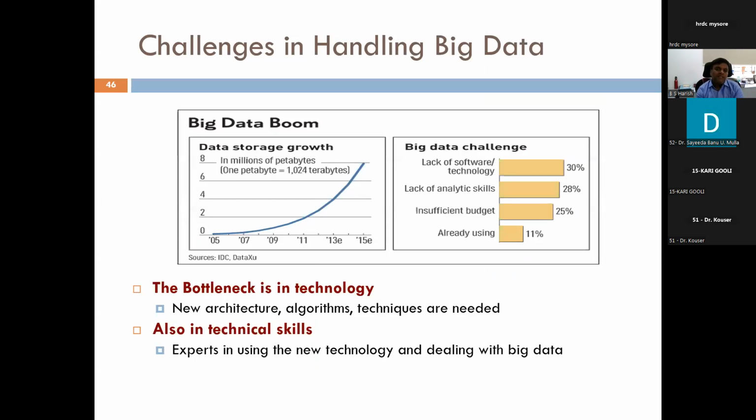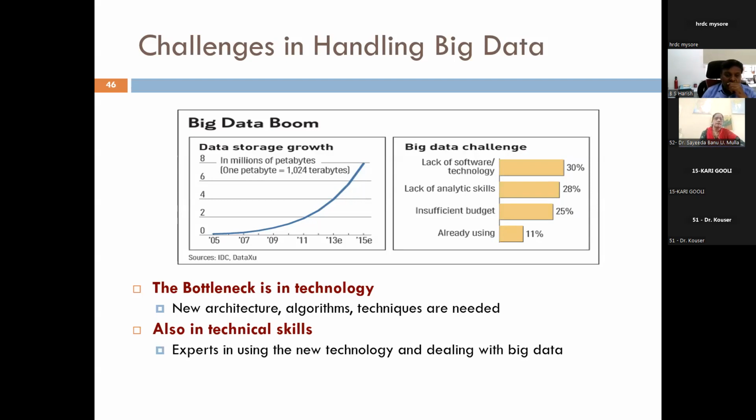Challenges of handling big data. One is that the technology itself is a bottleneck. We don't have highly sophisticated technology, especially to handle such a huge rate of data. That is a very challenging problem. Also, in technical skills, we need experts in using the new technology and dealing with big data.